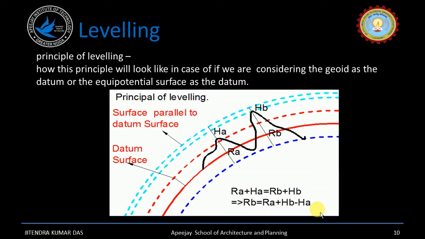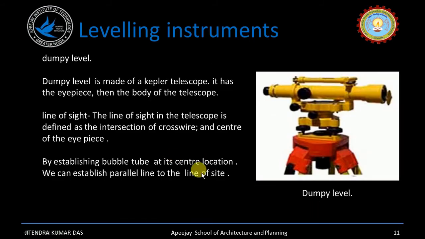Now what kind of different instruments can we use? Two major instruments we will use. One is the dumpy level and second is the leveling staff. So this is an image of the dumpy level. The dumpy level is made of Kepler's telescope. It has an eyepiece and a crosshair installed inside the telescope.